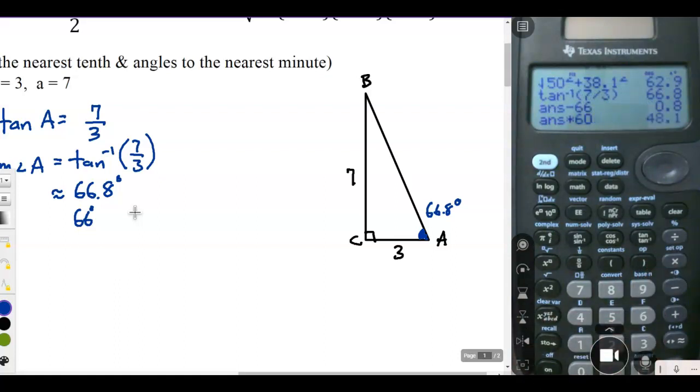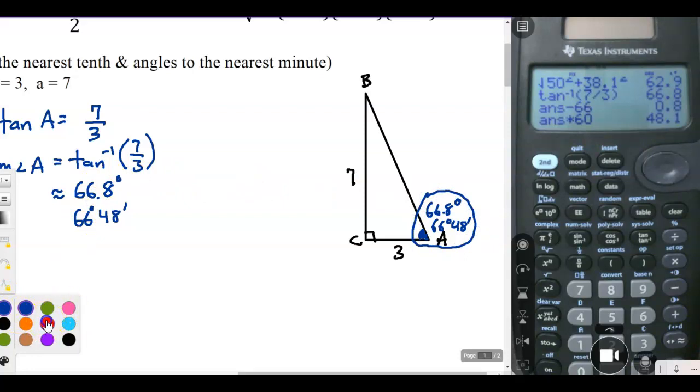I get 48 minutes. So that's 66 degrees and 48 minutes. There we go. So that's part 1. Found A. And then I can do part 2, right, and find B.